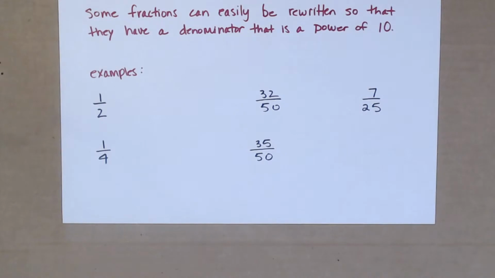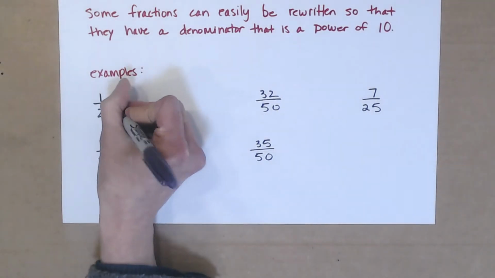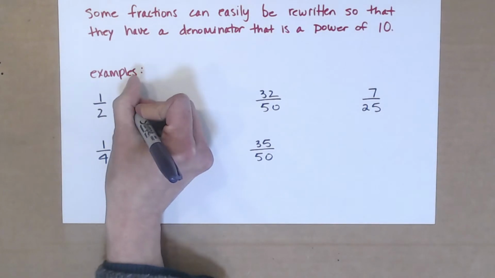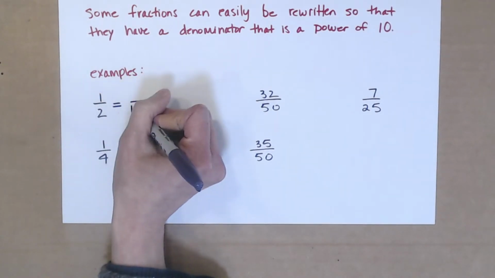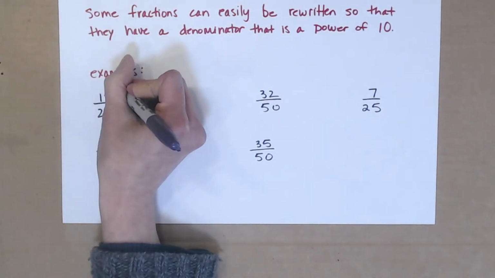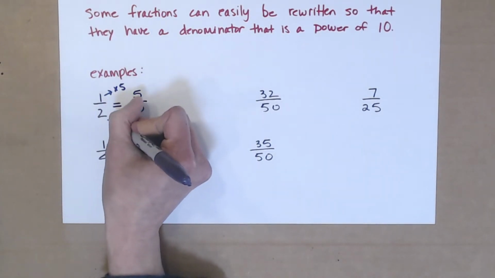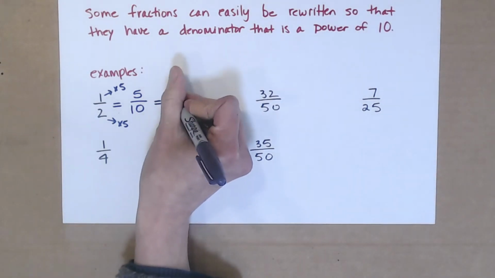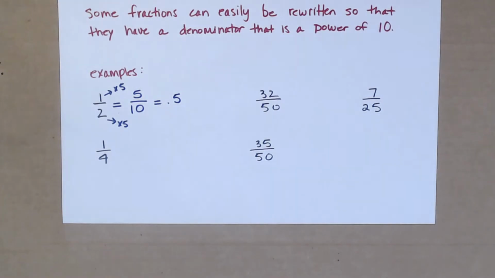So it can be rewritten as a decimal fraction, but you need to use equivalent fractions here. For example, 1/2. Well, we can change this to tenths because 2 times 5 is 10 and 1 times 5 is 5. So we're using equivalent fractions. We're multiplying denominator and numerator by 5 to get an equivalent fraction where the denominator is a power of 10. Now we can easily use decimal notation to convert that to a decimal.